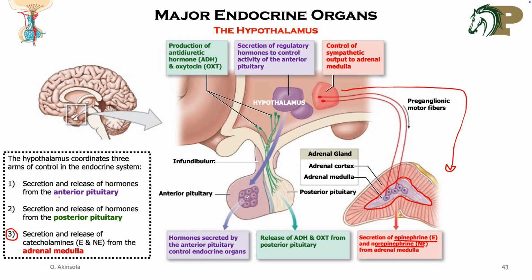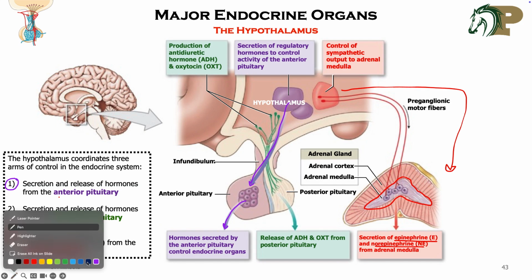And then the anterior pituitary will in turn secrete hormones that will control endocrine organs. That's this second arm of control right here. We come down from the hypothalamus, releasing or non-releasing hormone, and then the anterior pituitary will release one of 6 hormones. That's the second arm of control.